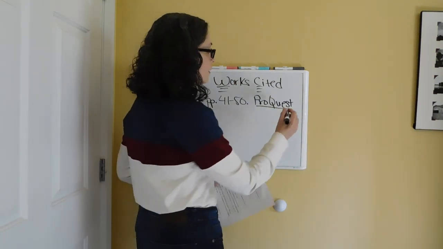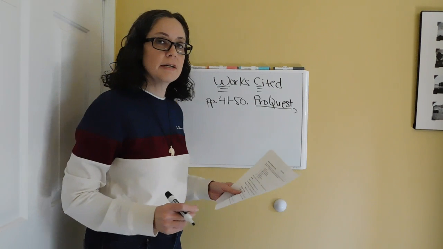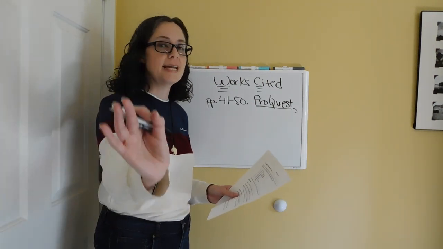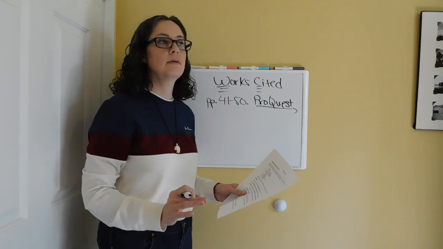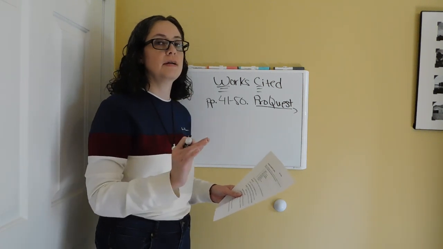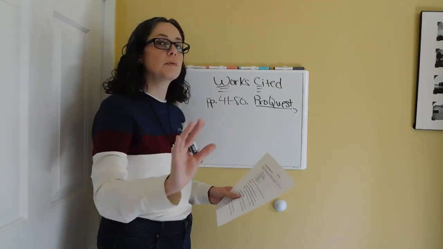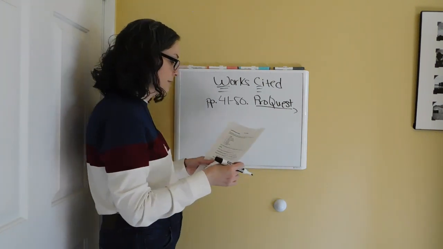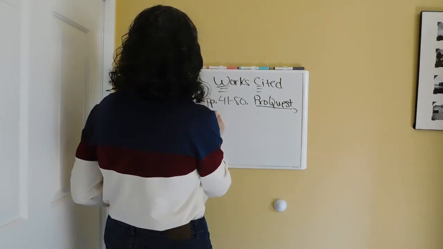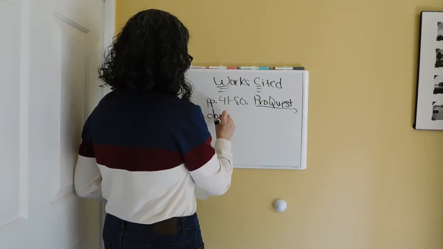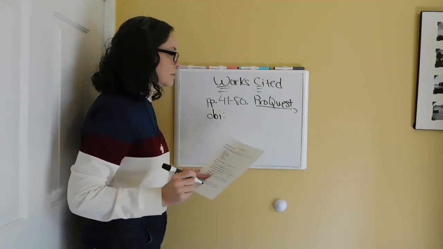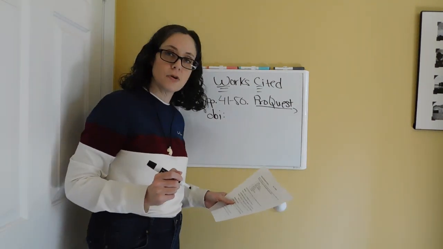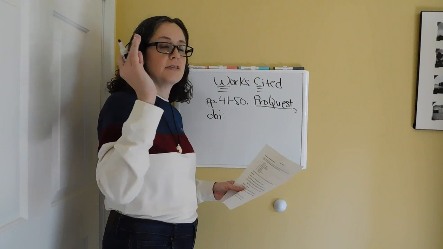All right, comma. After this, most professors will probably want you to either give the stable URL, which you should be able to find in the entry on the database, either the stable URL or the DOI. All right. In this case, this entry has a DOI on it. So, Digital Object Identifier, I believe is what it stands for. It tells you how to get to this article with a stable URL.